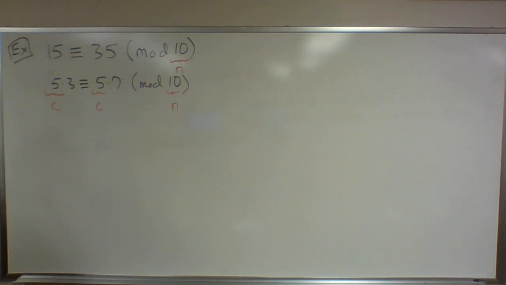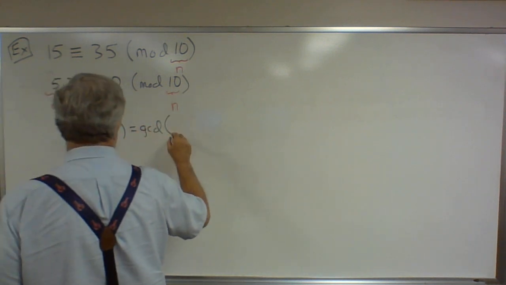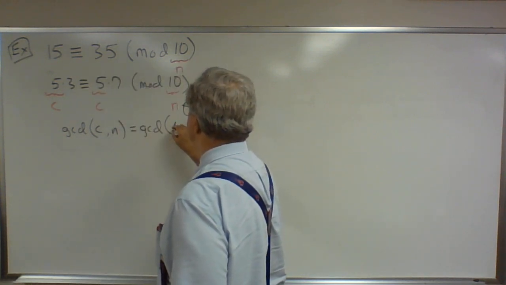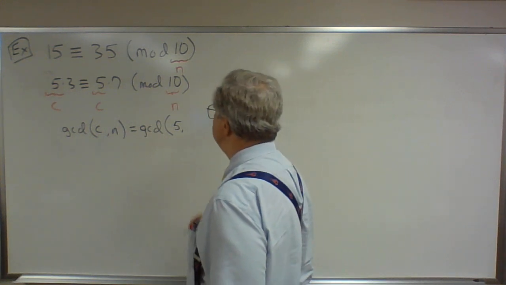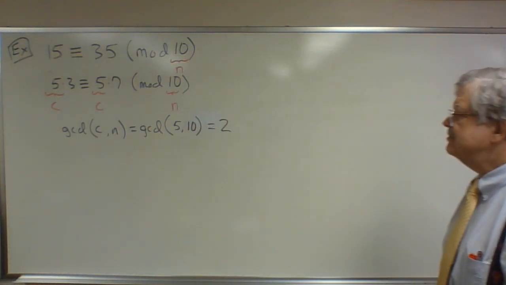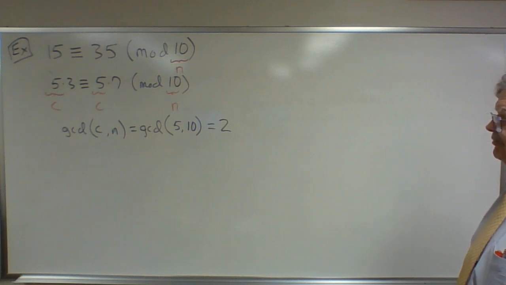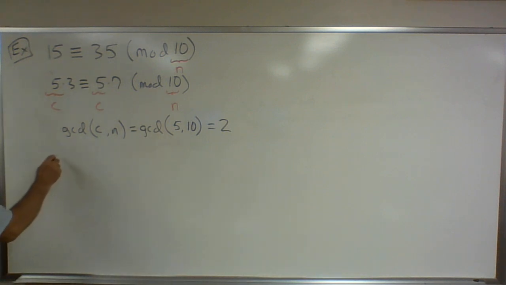However, here's what we can do. We can look at the greatest common divisor of C and N, that's the greatest common divisor of 5 and 10, which is 2. And here's what the theorem says that we can do.